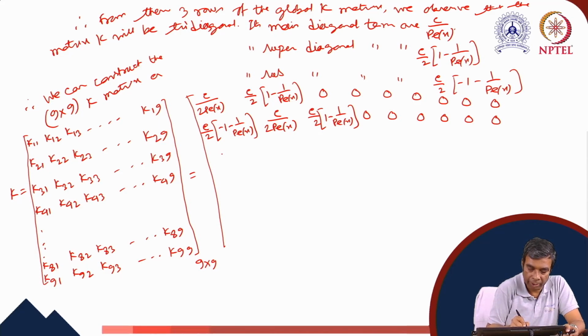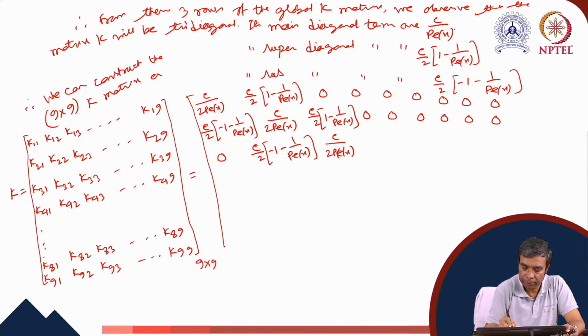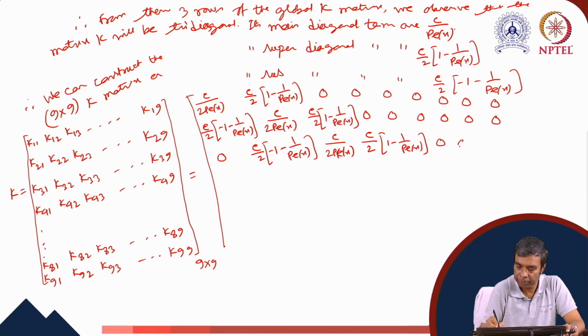The first term is 0. The second term is C by 2 into minus 1 minus 1 by PEX. The diagonal term is C by 2 PEX. The super diagonal term is C by 2 into 1 minus 1 by PEX. The remaining terms, 5th to 9th, are 0.